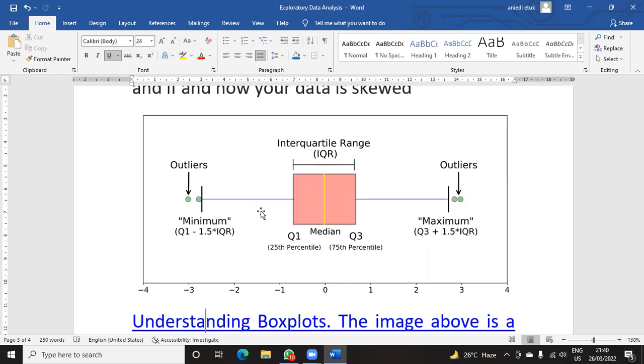So if it has to do with age, once you see a box plot like this, this is a box plot in a horizontal way. Normally, it's always kept vertically. But they are putting it horizontally so that somebody will really understand how this thing came about.